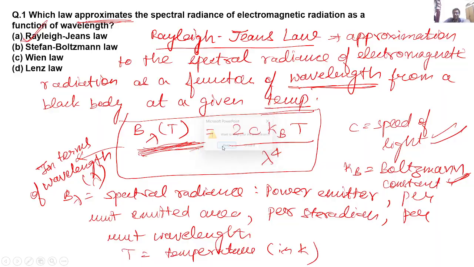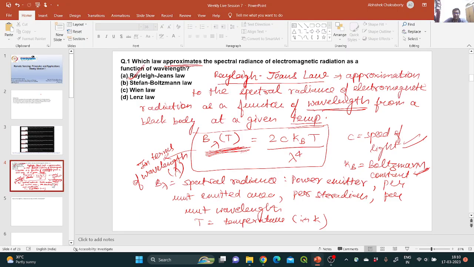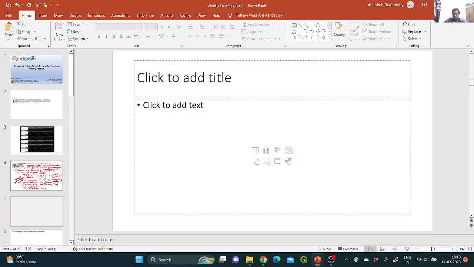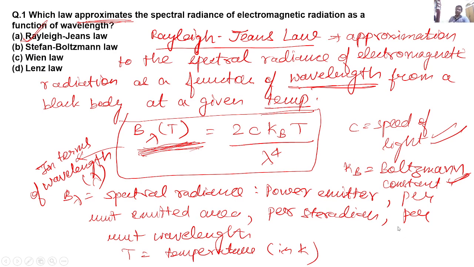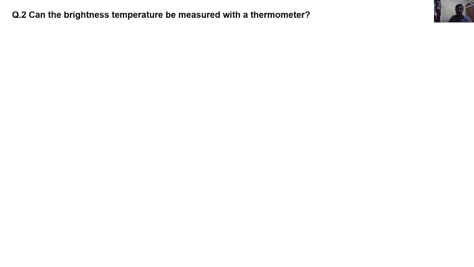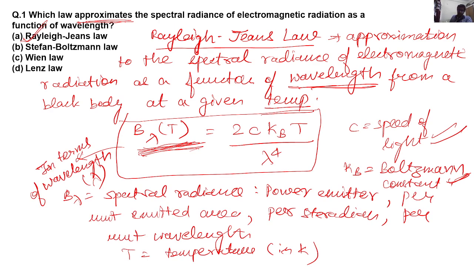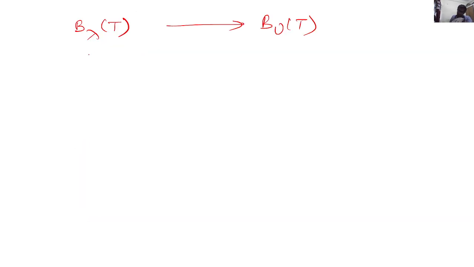Now one thing to think about. We have B lambda T. We want to reach B nu T, where nu is the frequency. So how can we reach that, when B lambda T is already 2 c kB T by lambda power 4?